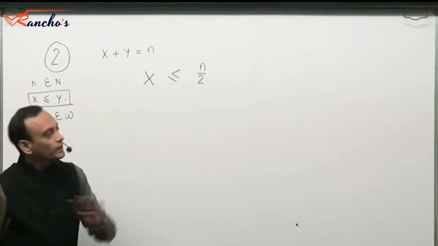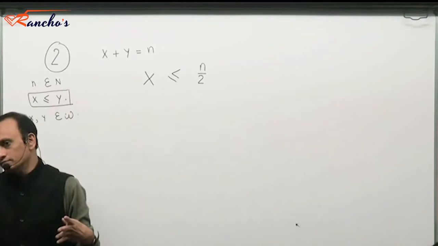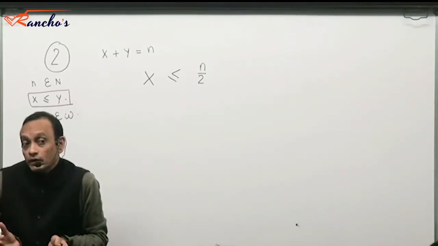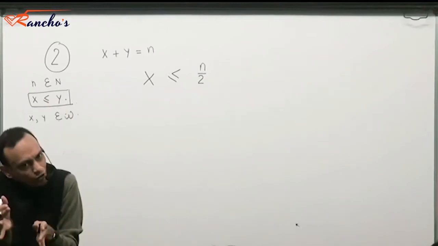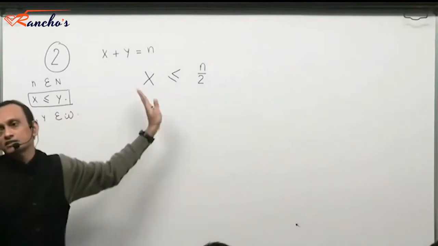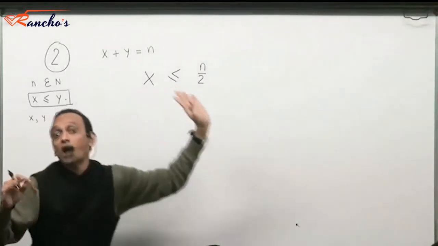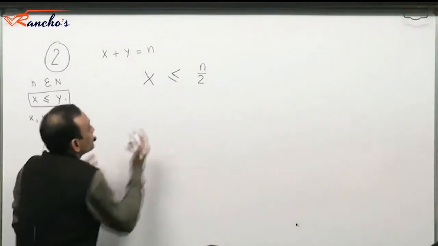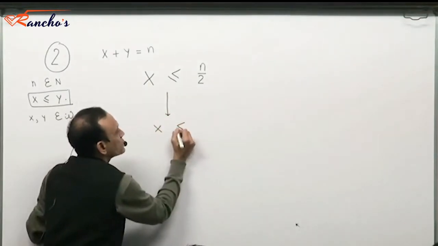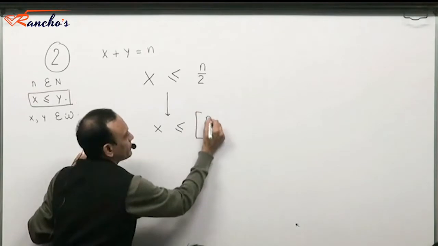But see, n by 2 need not be an integer. If n by 2 is an integer, this is all right. But if n by 2 is not an integer, this inequality would translate to x not exceeding the integer part of n by 2.